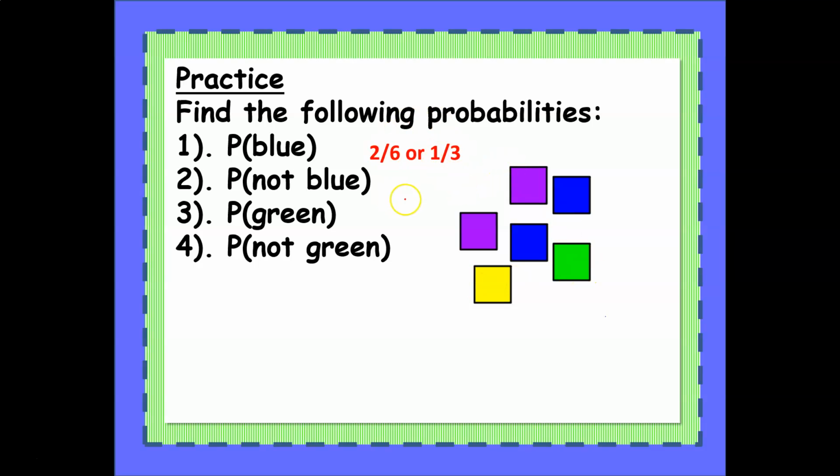So if its probability is 2/6, that means its complement would be 4/6 or 2/3. So we have blue or not blue. So we have our probability and its complement.